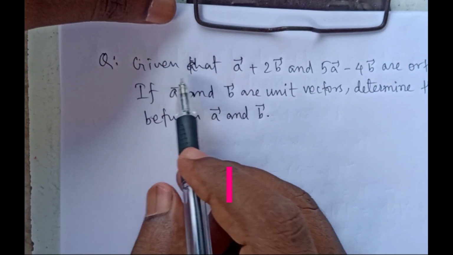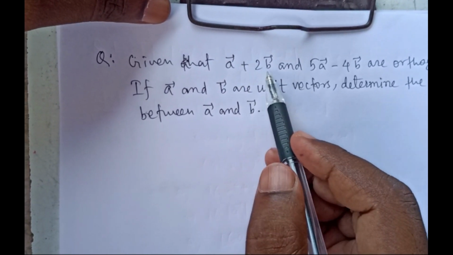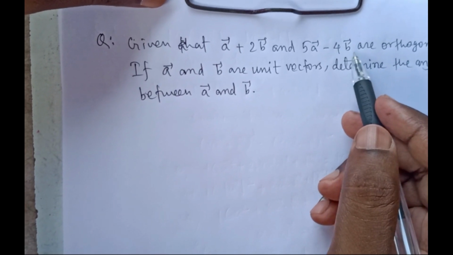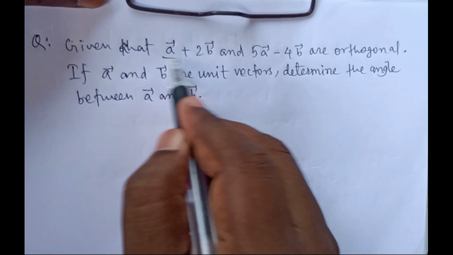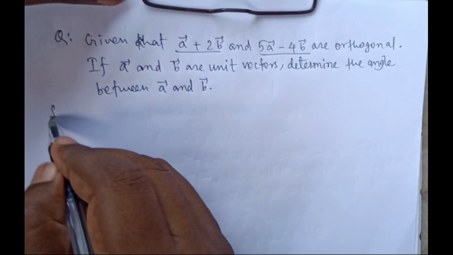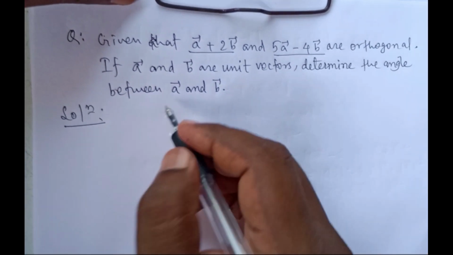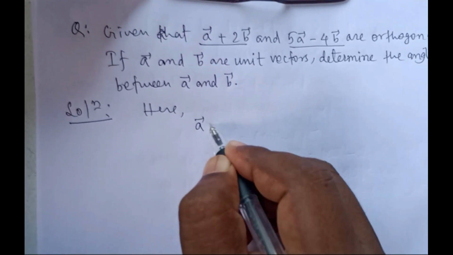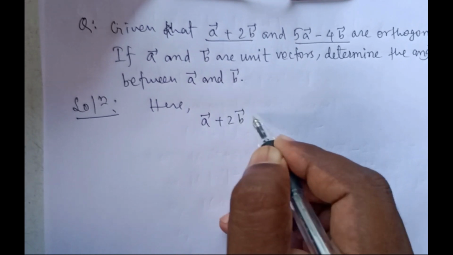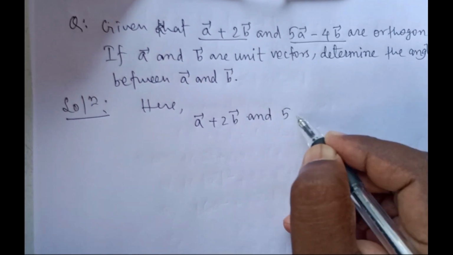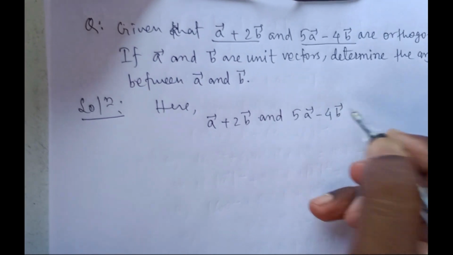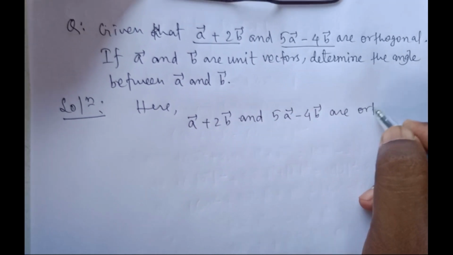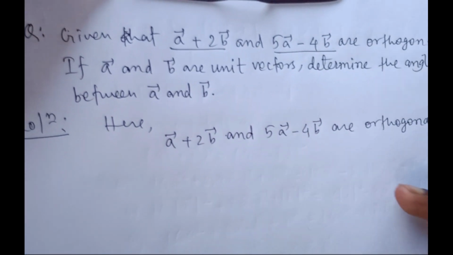Now here is the second question. Given that vector a + 2b and 5a − 4b are orthogonal. Now these two are orthogonal. So in the solution, first of all we'll write that a + 2b and 5a − 4b are orthogonal, that is, perpendicular.